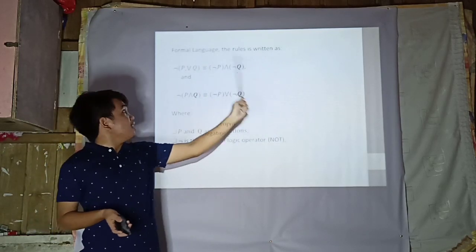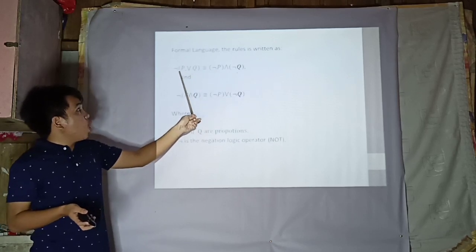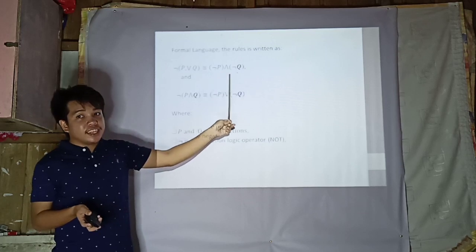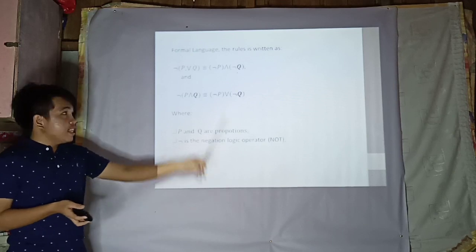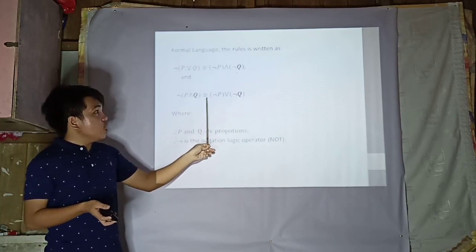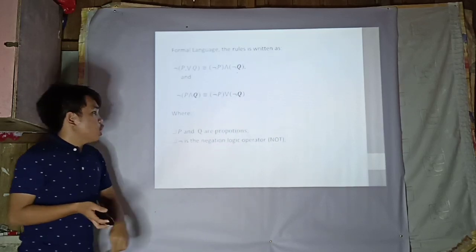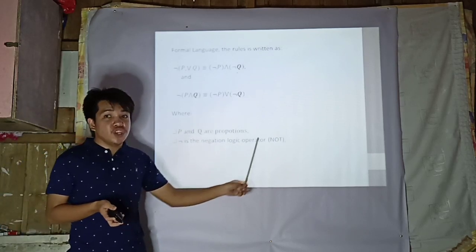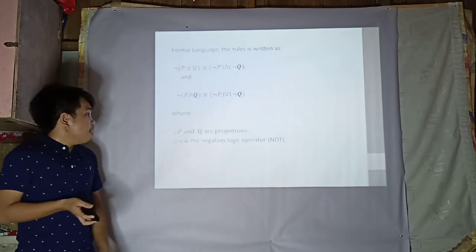Next, the formal language. The rules are written as: the negation of P or Q is equal to the negation of P and the negation of Q. And the negation of P and Q is equal to the negation of P or the negation of Q. Where P and Q are propositions.